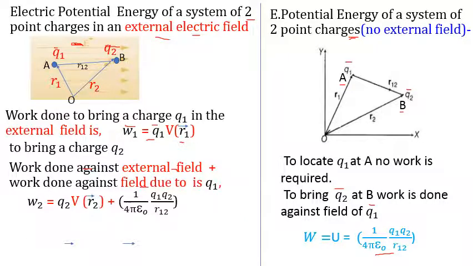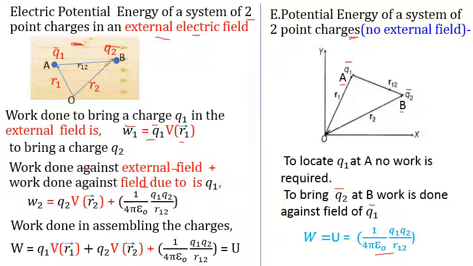So this is the formula for total work done. See here, work done to bring Q1 against external field, work done to bring Q2 against external field, and work done against field due to Q1. So see clear difference between work done or energy stored in these two cases.